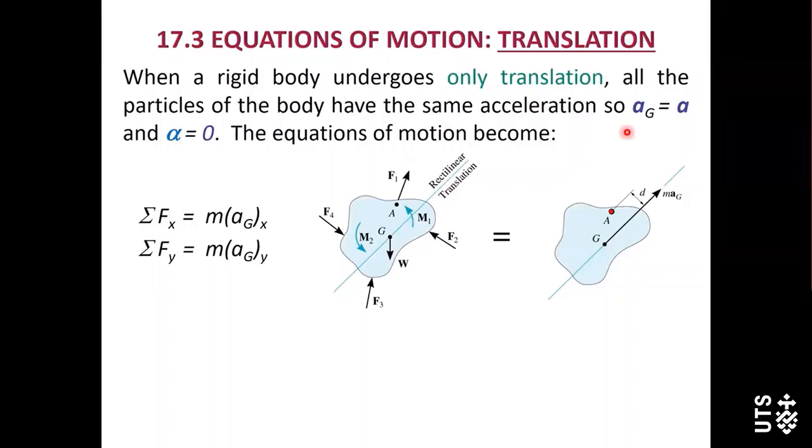We already know for translation, if a rigid body undergoes only translation, then every point on this rigid body must have the same acceleration.